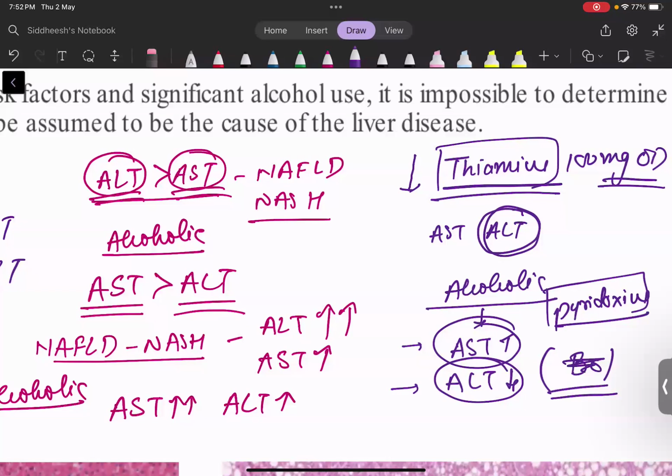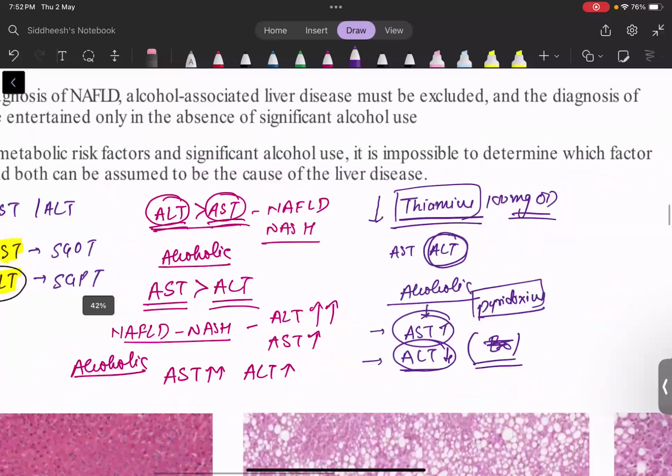ALT needs more pyridoxine. Simple. That's why among alcoholic patients, AST is comparatively more than ALT. This is your simple answer. All done. This was the answer to your question.